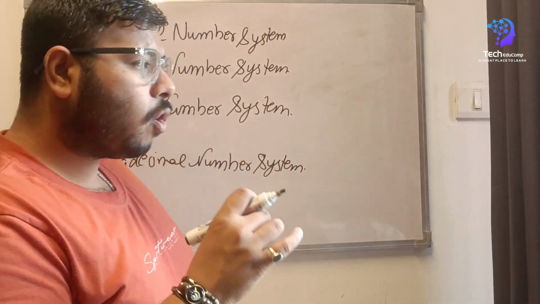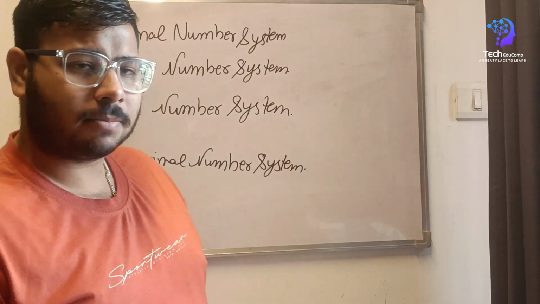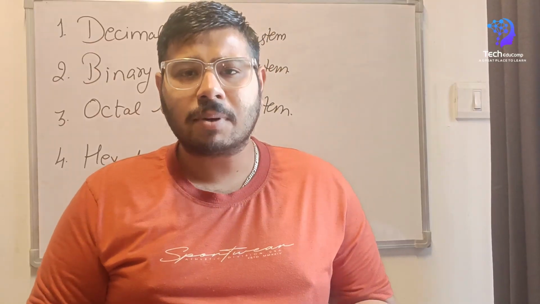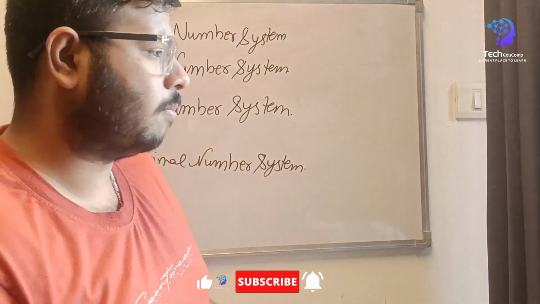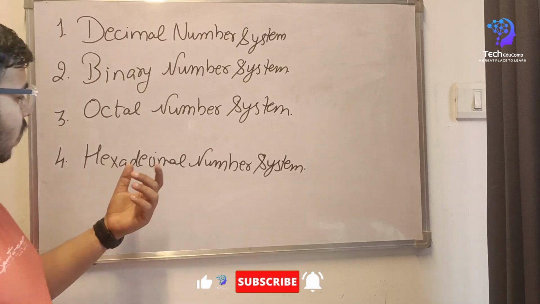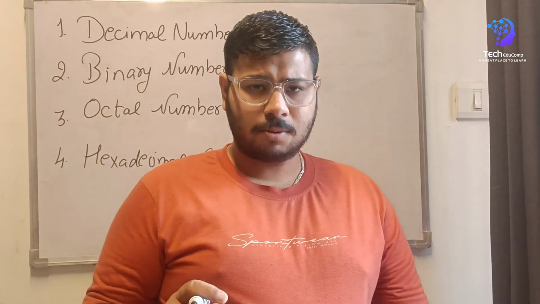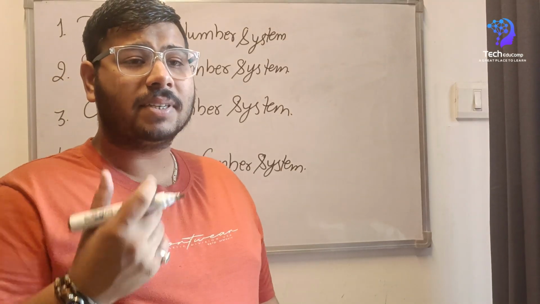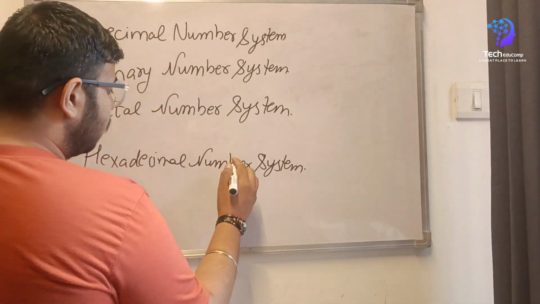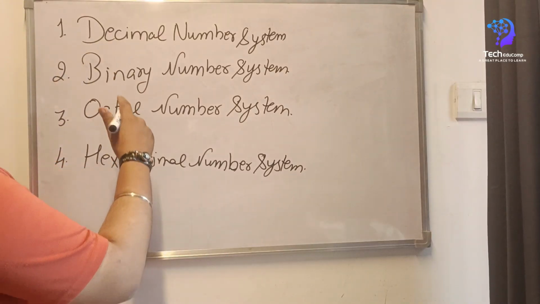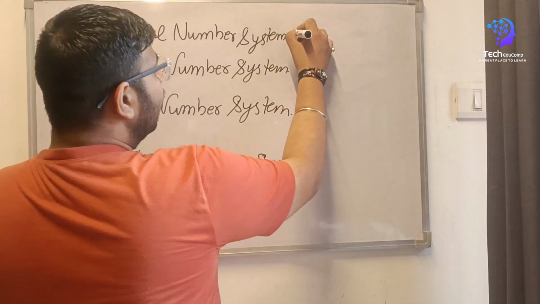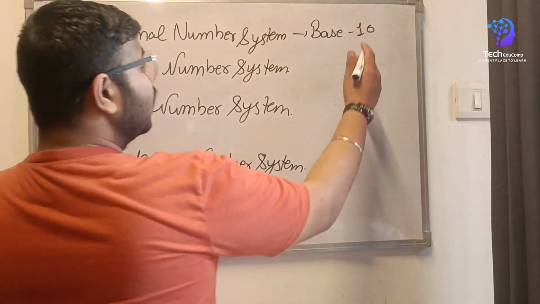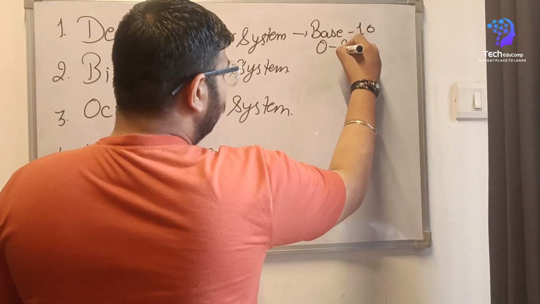There are also other miscellaneous number systems, like base 3, base 5, and much more. But we are going to discuss these four main types, and each has a certain base. The decimal number system has a base of 10 because it can be represented from 0 to 9.